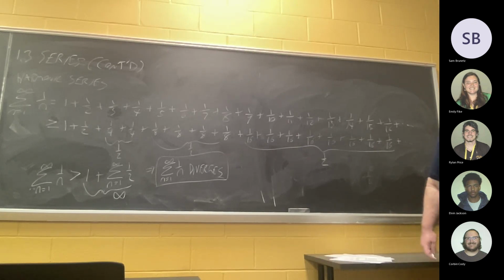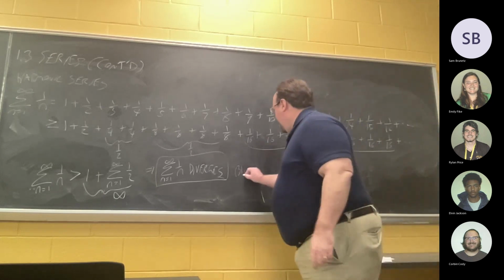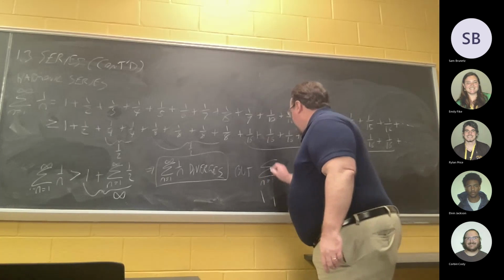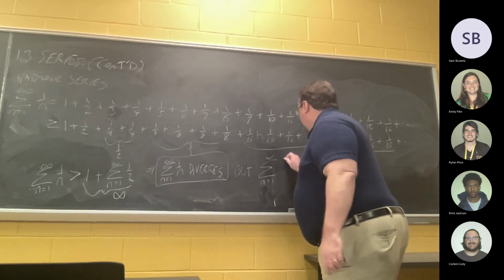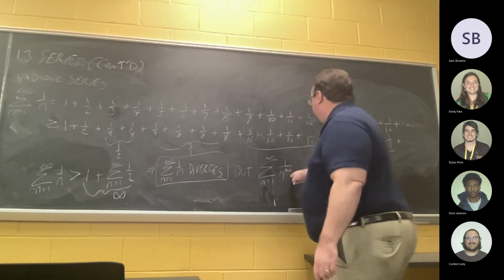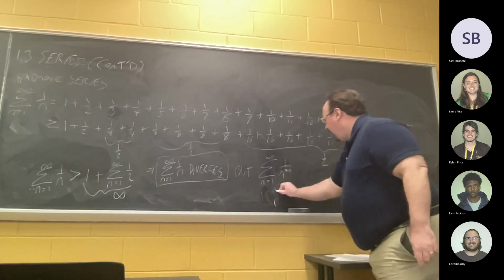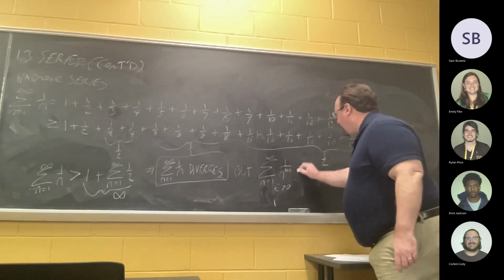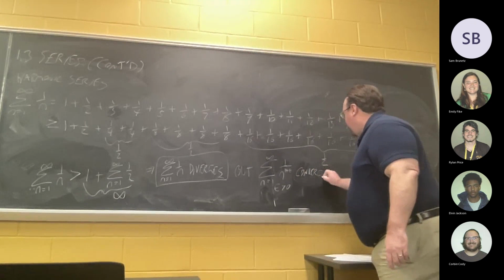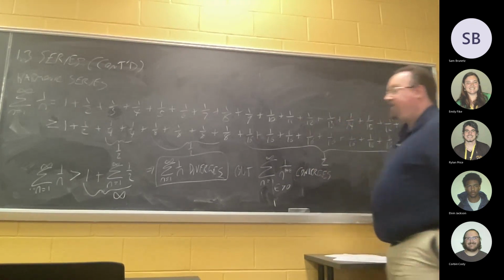And to make matters worse, I can say this will be proven later. If I have a series 1 over n to the 1 plus epsilon, where epsilon is some positive number, no matter how small it is, that series converges.